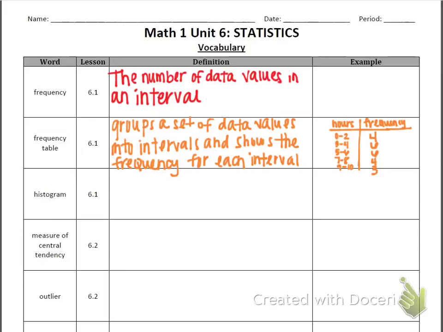Not too bad? So then what we can do with our frequency table, we can take the information from our frequency table and represent it graphically on a histogram.